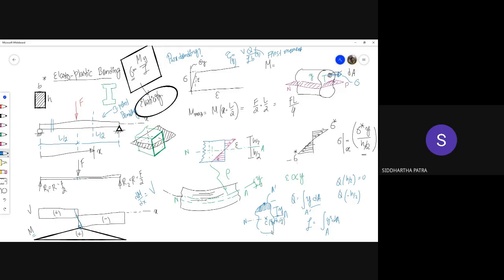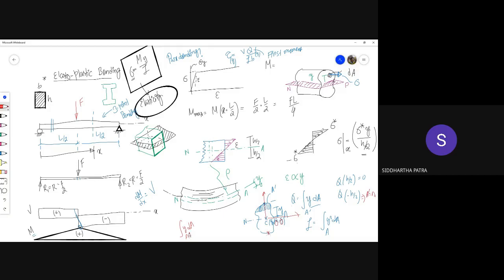But according to the coordinate system taken from the neutral axis, x bar would be 0 and y bar would be 0, because the neutral axis is supposed to pass through the centroid. And integration y dA across the entire area, if A prime is A, that means you are calculating this quantity Q at the very bottom, covering the entire area.